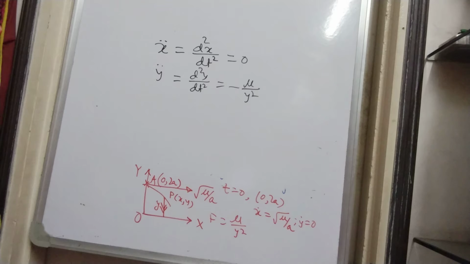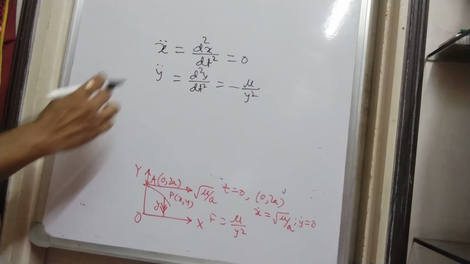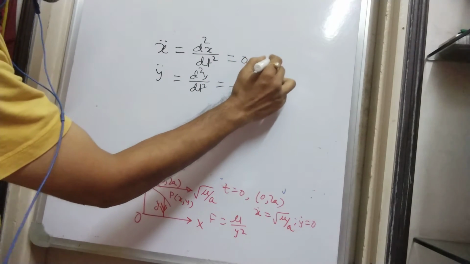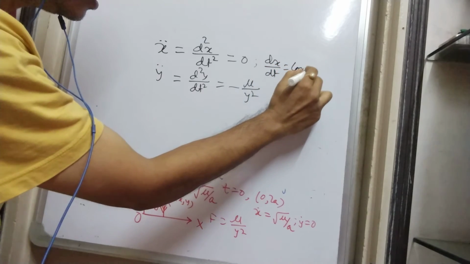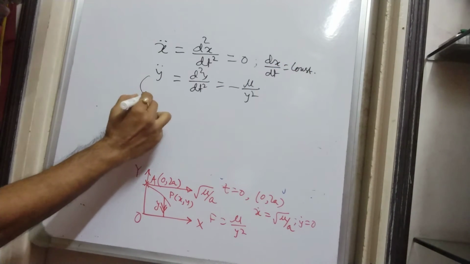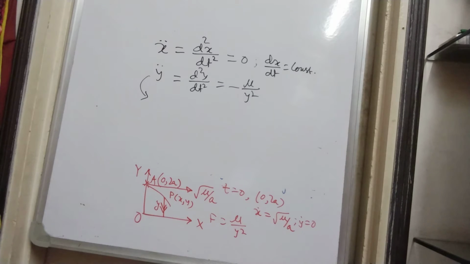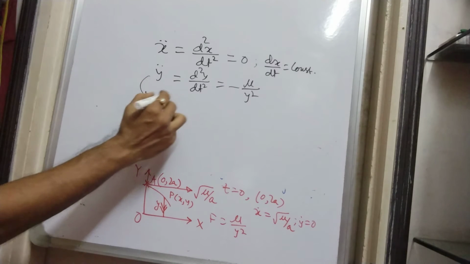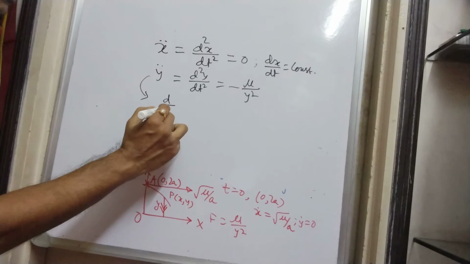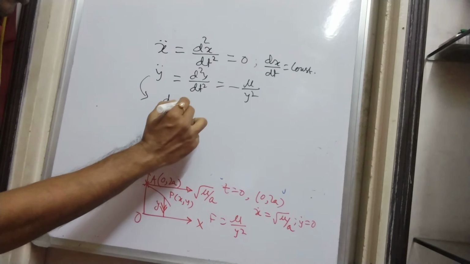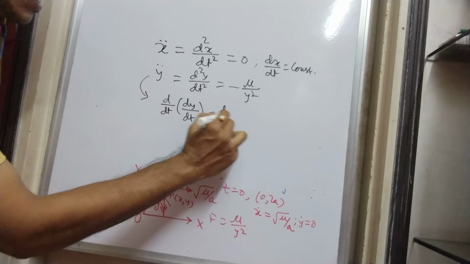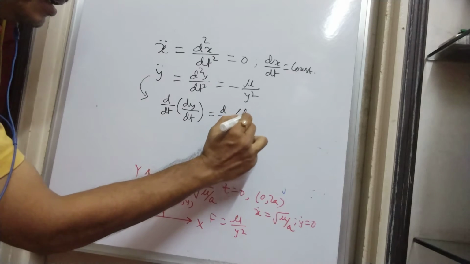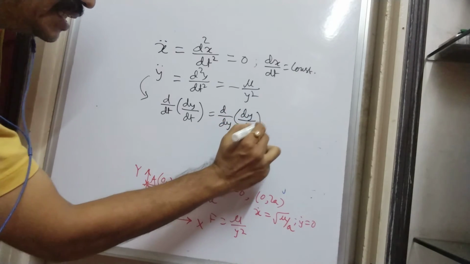this is quite logical. Okay, so what will be the first integral? Since x double dot is 0, x dot will be a constant, and to find the first integral of y, we write d2y/dt2 as d/dy of dy/dt into dy.